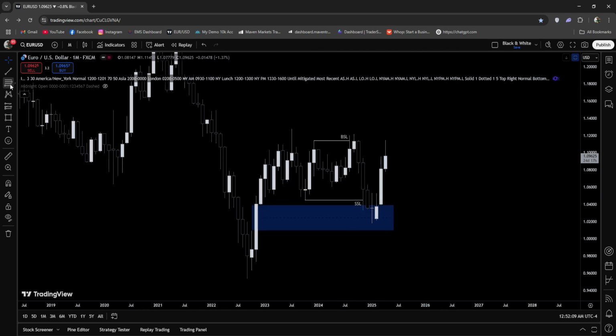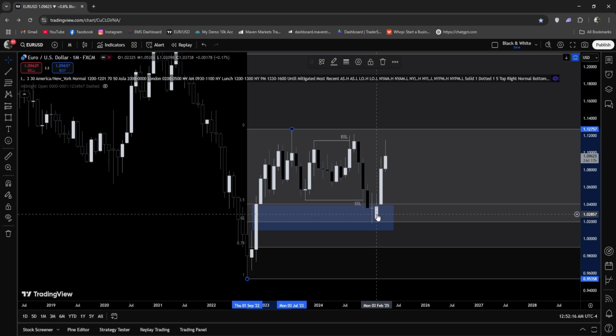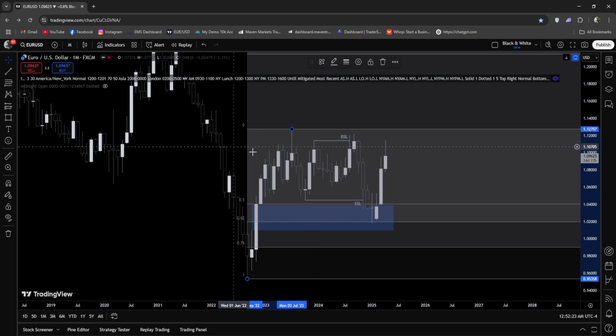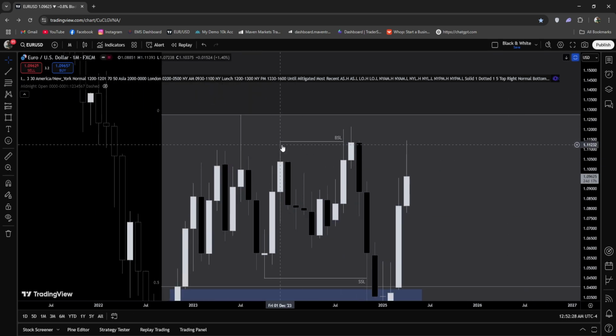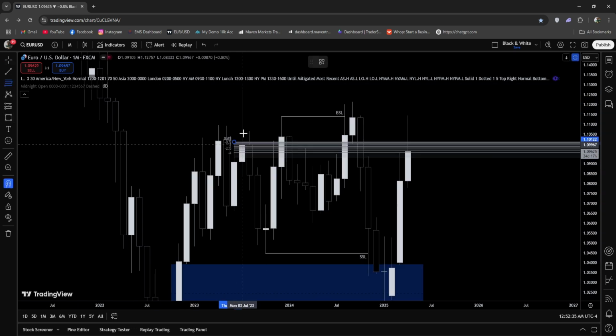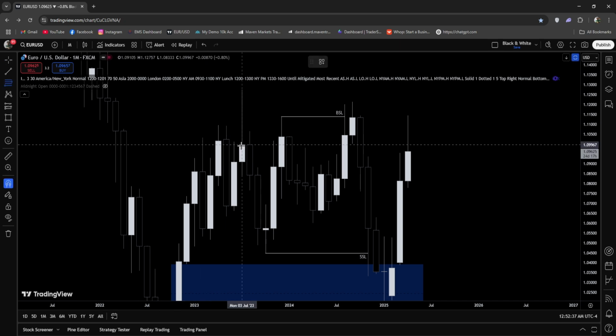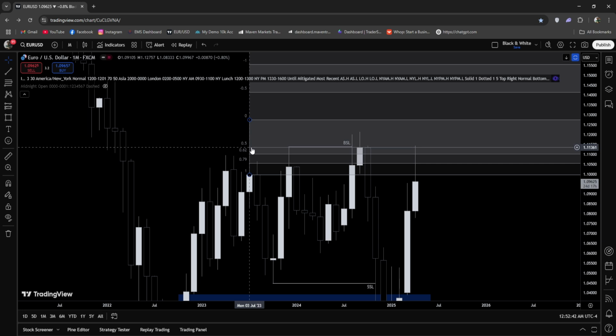So as we can see, from this candle to this candle we went to the discount, right? Before we went to the discount, the market took this high. I want you guys to focus on this high. The market took this high, and the market respected the consequent encroachment of this wick.